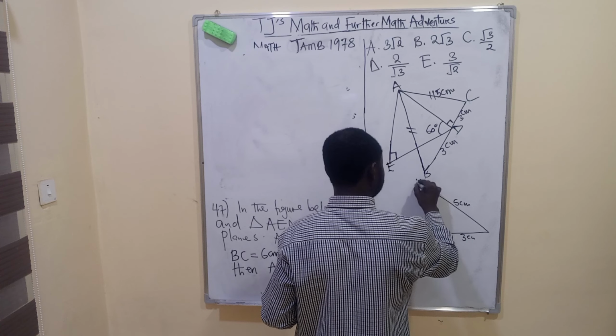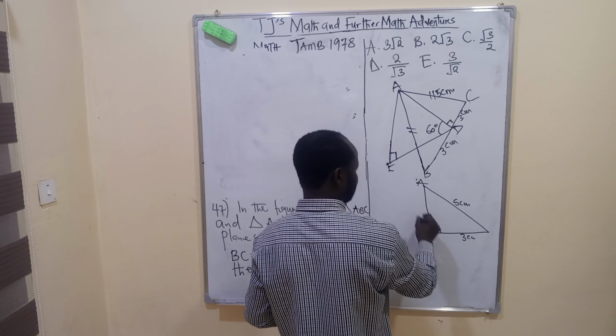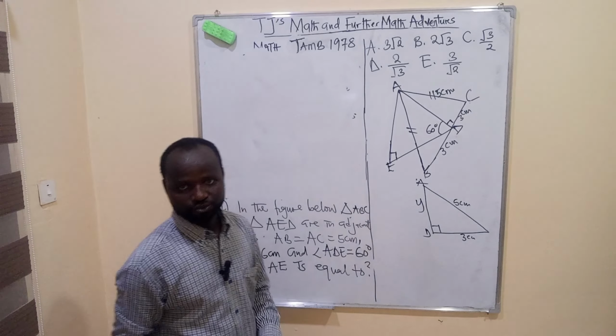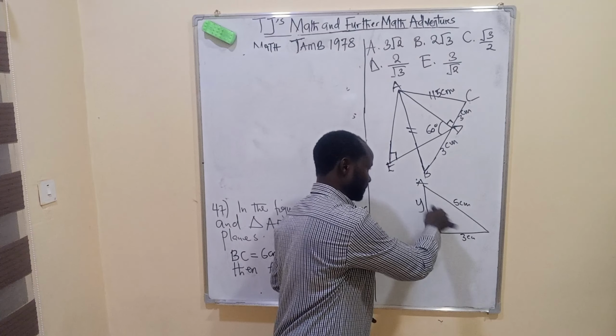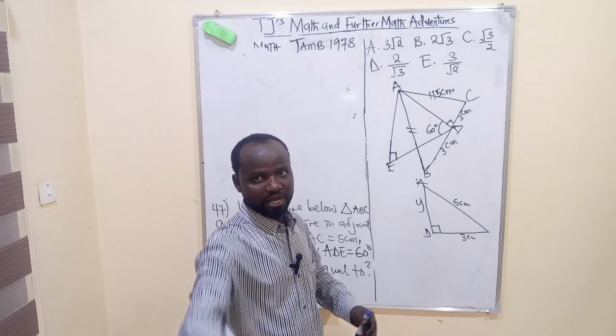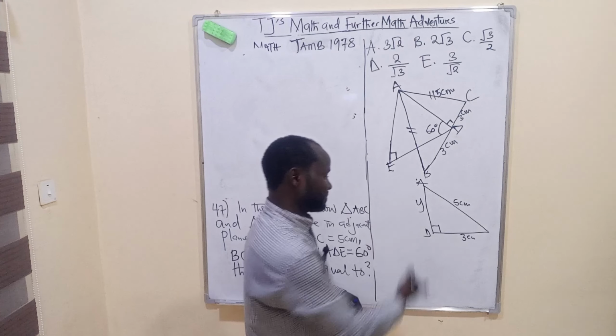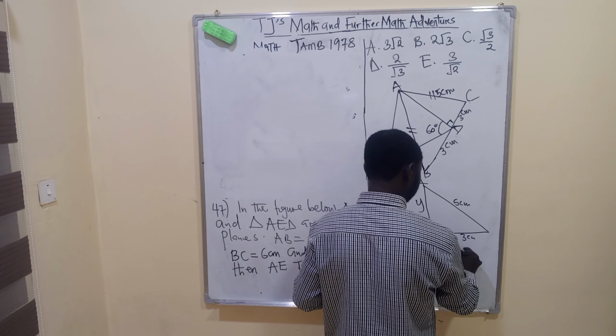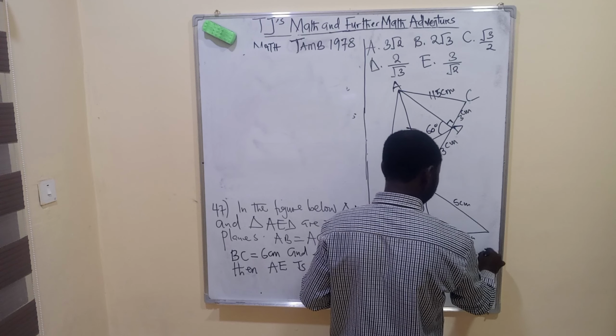We can find AD, let it be y, using Pythagoras rule. We apply Pythagoras rule when two sides of a right angle triangle are given and we are asked to find the third side. So this will be 5 squared equals 3 squared plus y squared.